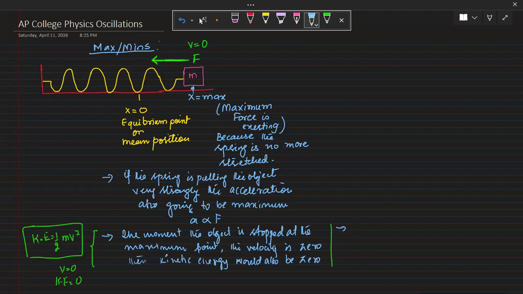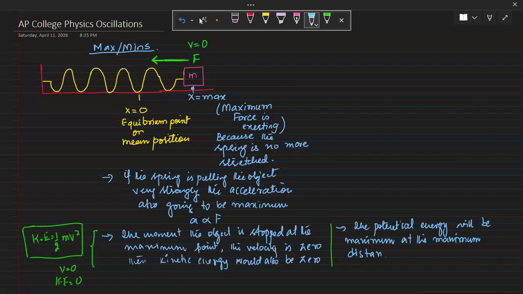Potential energy? Yeah, potential energy. Okay. So the potential energy will be maximum at the maximum distance. Clear?